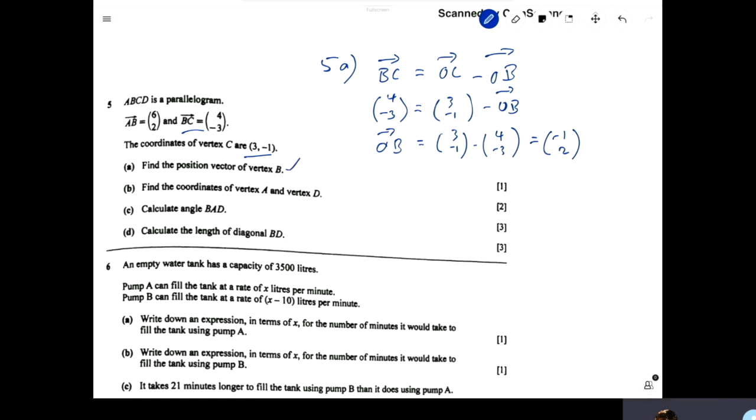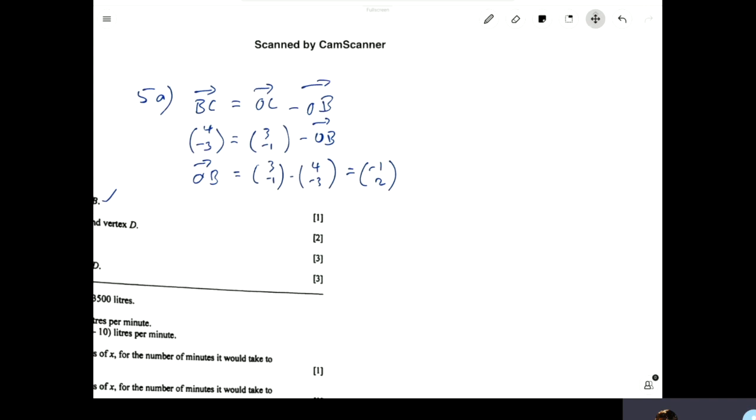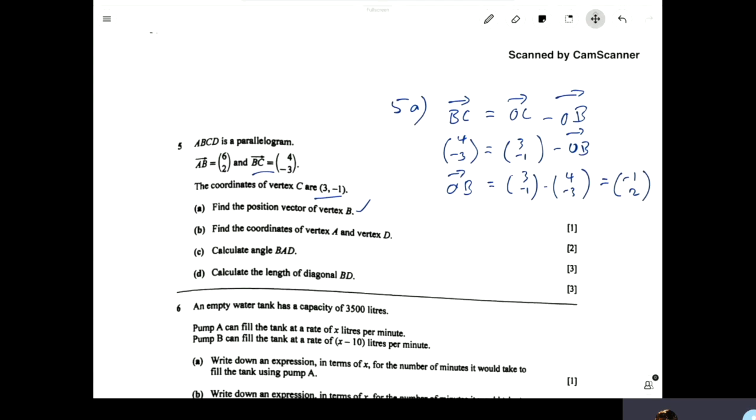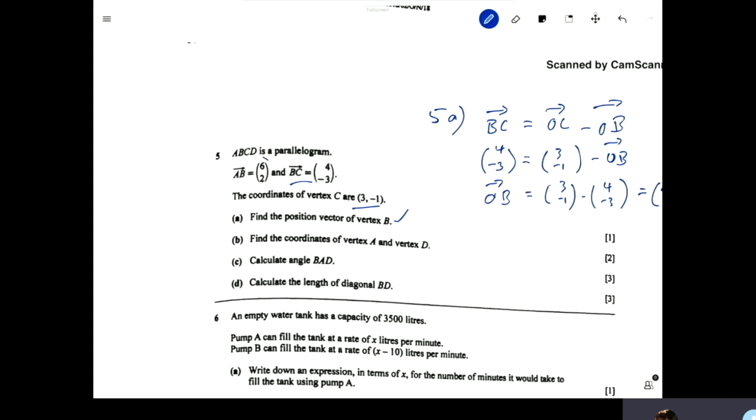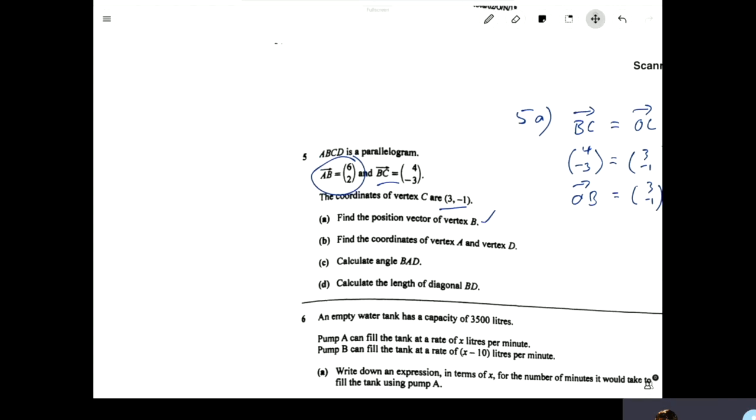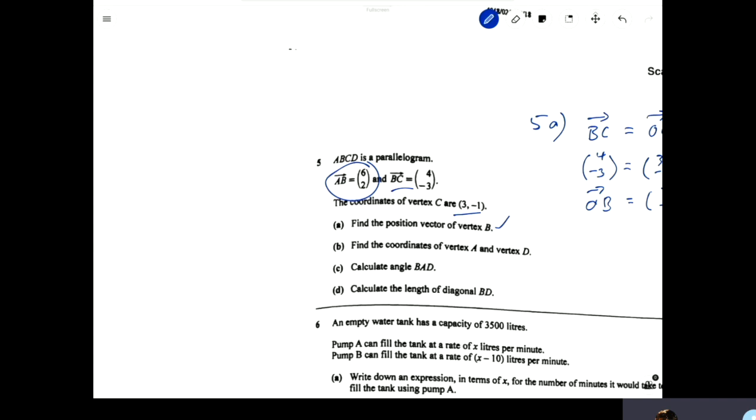Okay? Yeah. The next part: find the coordinates of vertex A and vertex D. And how to find A? Let's just write it out. I'm given AB. AB is 6, 2. This is the information given. So if you need to find A, it has to involve AB, right? So AB is OB minus OA, and I have AB is 6, 2.